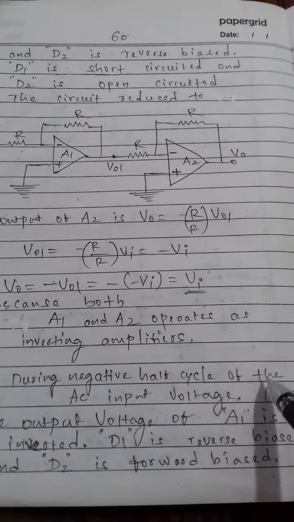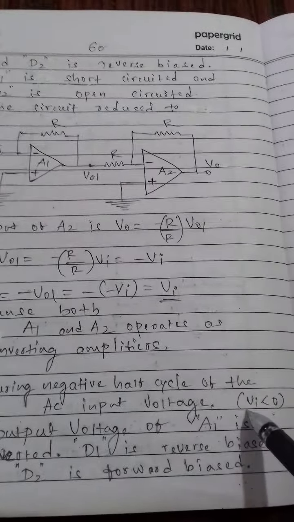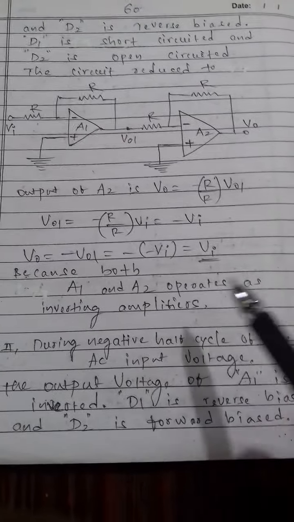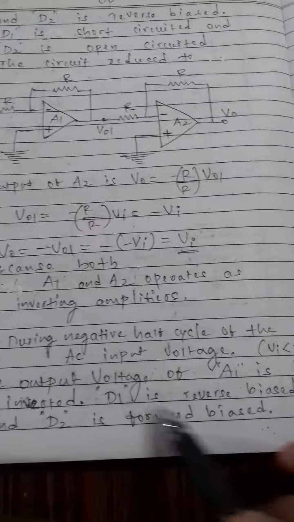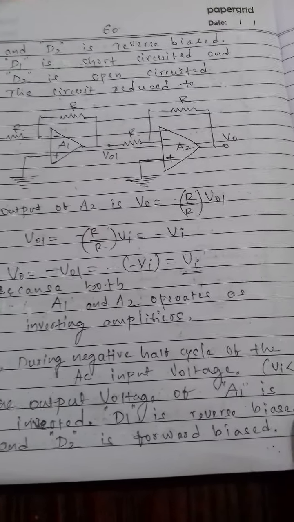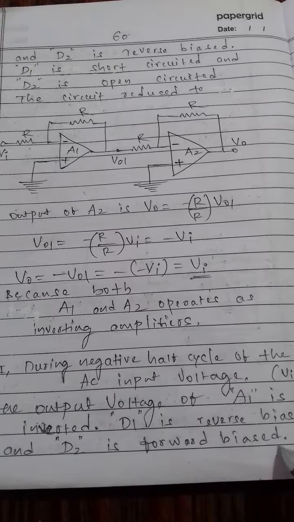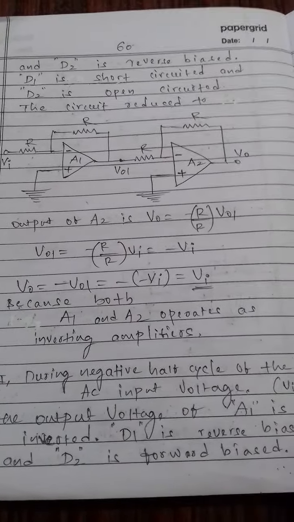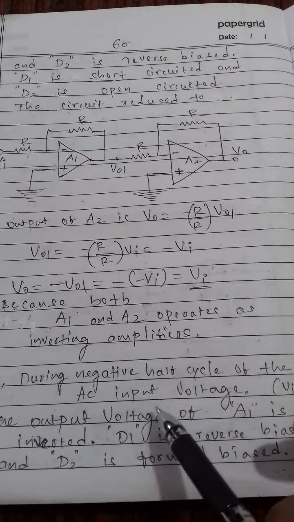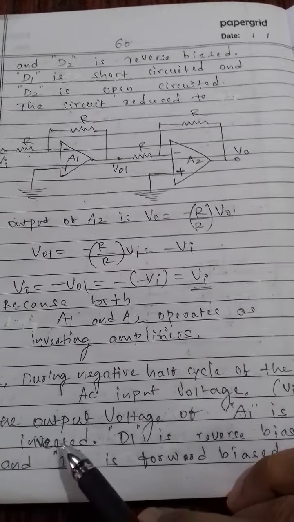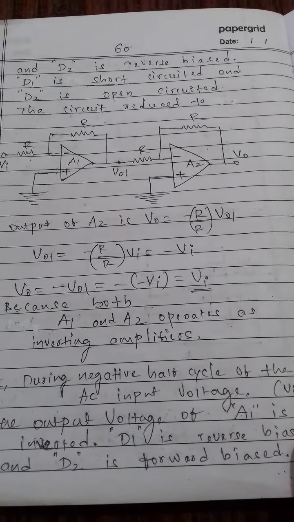During the negative half cycle of the AC input voltage, less than 0, the output voltage of A1 is inverted. D1 is reverse biased and D2 is forward biased.